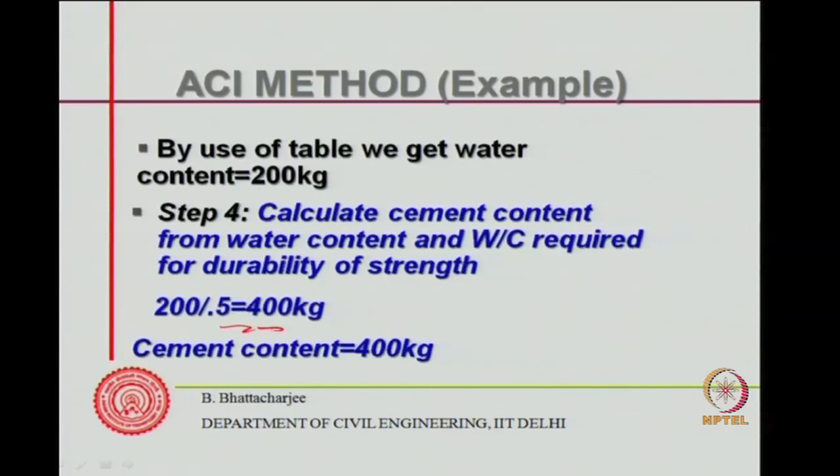So the cement content is 400 kg, and I have to check whether it is more than that required for durability, which it actually is, because for this condition IS 456-2000 gives much less cement. So 400 kg of cement with 200 kg of water is what we have got so far.